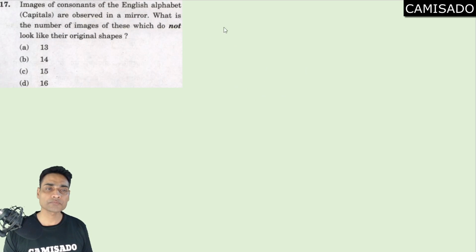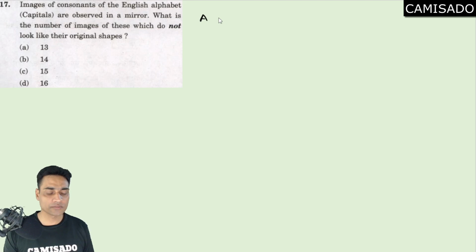Then next, images of consonants of the English alphabet are observed in a mirror. What is the number of images of these which do not look like their original shapes? Basically, I am writing out the English capital alphabets. A, when you look at the mirror image, you will find this only.